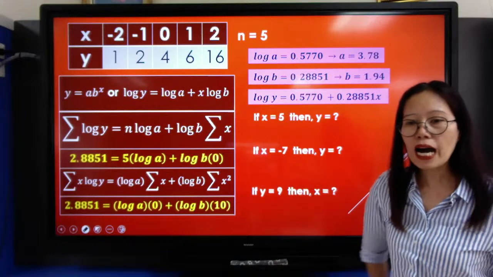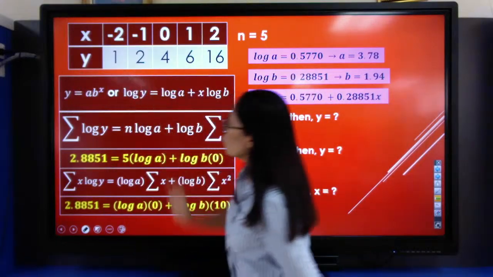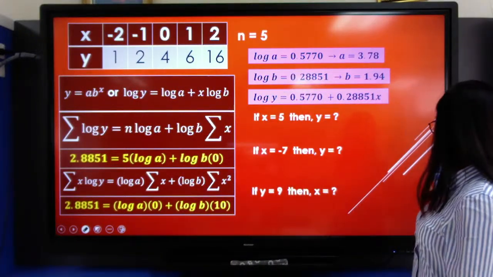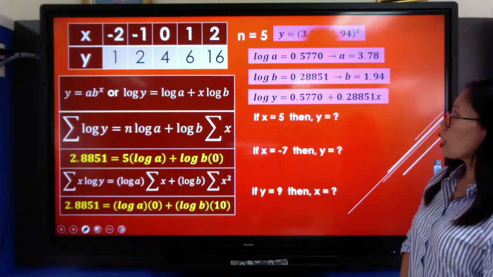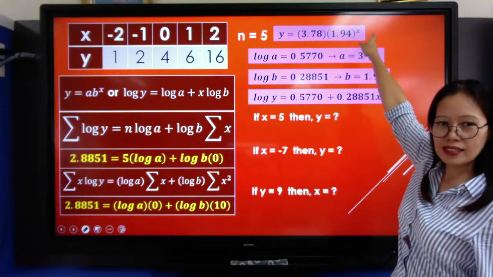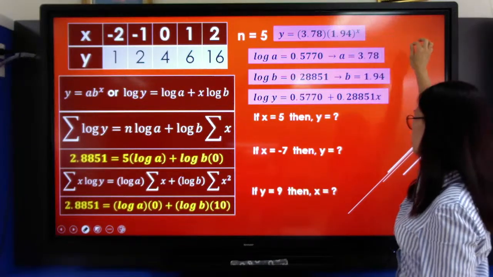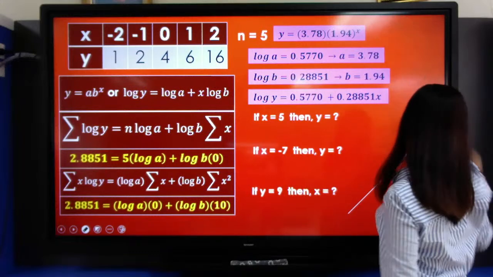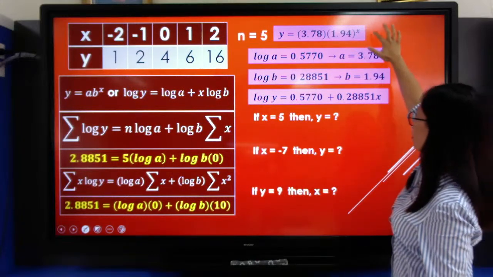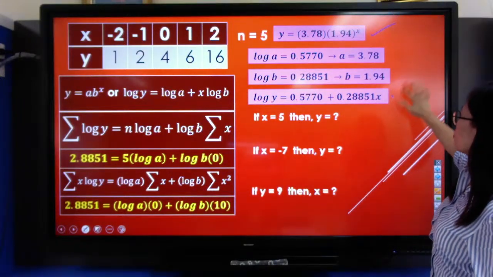What if we write it as y is equal to A B raised to X? We can also write it as y is equal to A times B raised to X. So there are two ways you can use this: either the exponential form or the logarithmic form.